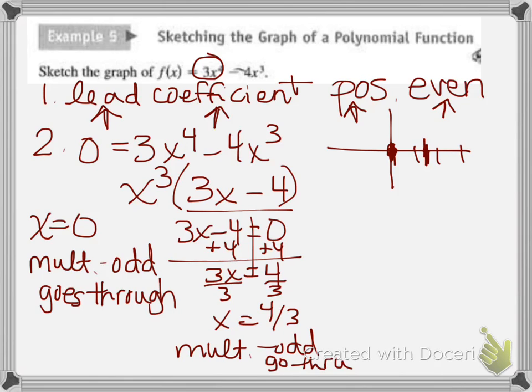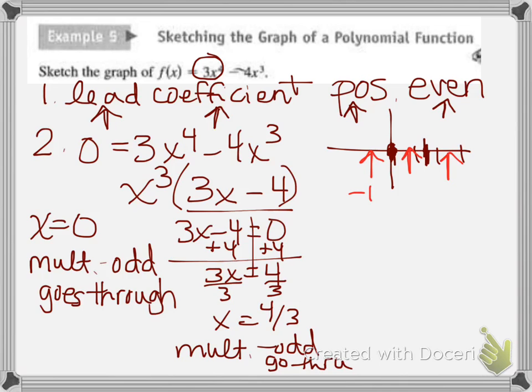I am going to plug in a point over here, a point in between, and a point over here, on every side of those critical points, because it's going to give me a better sketch. We do know it dips below, but we want to have an understanding of how far it dips.